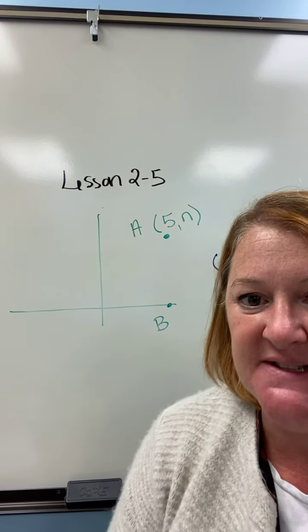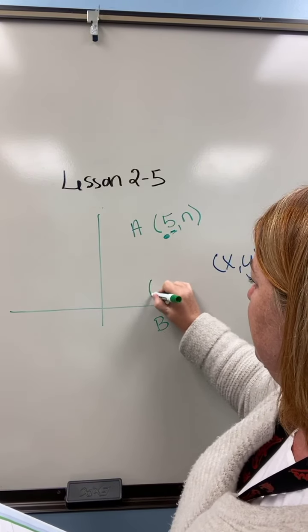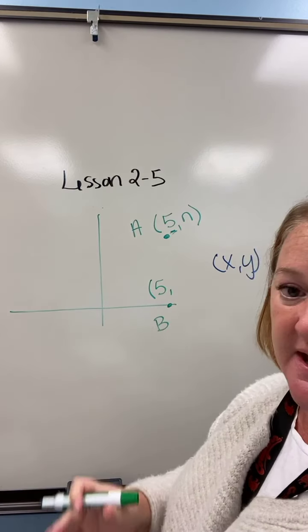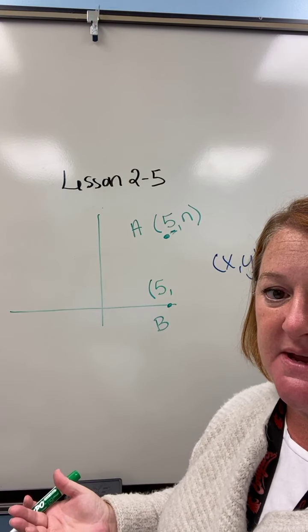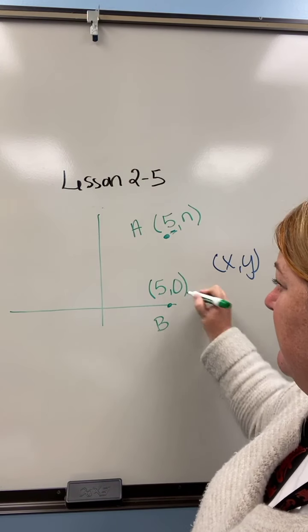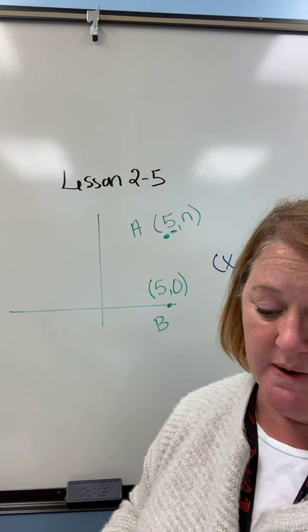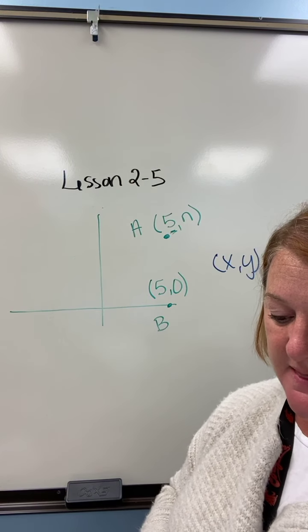So if it has the same as A, we know this one is going to be 5, and then the y coordinate is going to be 0. Okay, so we go over 5 and we don't go anywhere. And then the problem goes on.